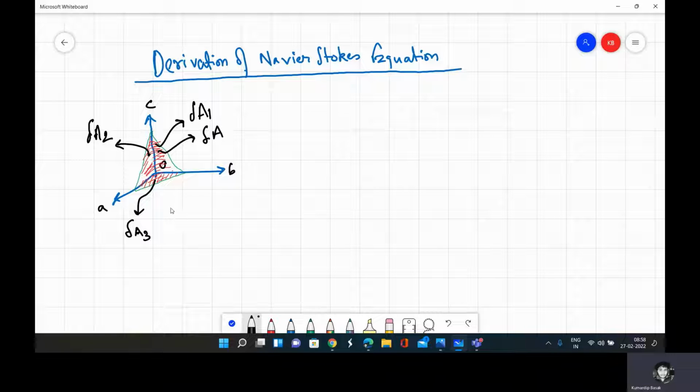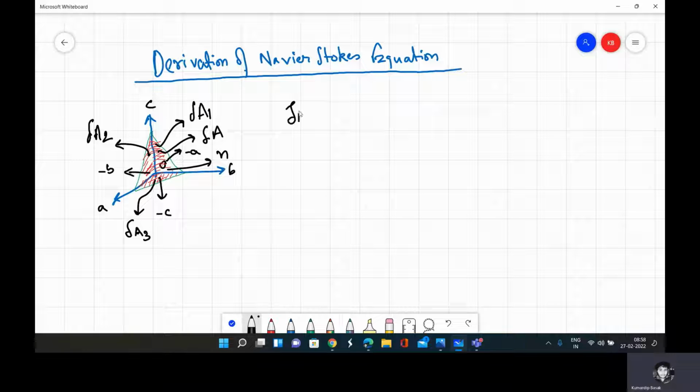Now we define the direction vectors, that is the unit normal outward of the plane. For the COB plane, we define this direction as minus A. For COA, we define this direction as minus B. For AOB, we define this downward direction as minus C. And for ABC, we define the outward direction as, let's say, N. It is becoming clumsy, but let's just ignore that.